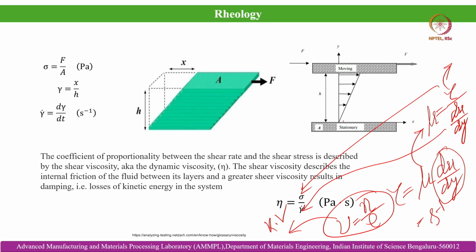Because of the no-slip boundary condition, the velocity at the wall, V w, is equal to 0, and at the top the velocity is maximum because it is moving. This is the gradient that you can observe over here. From this velocity gradient we can estimate the value of the dynamic viscosity.